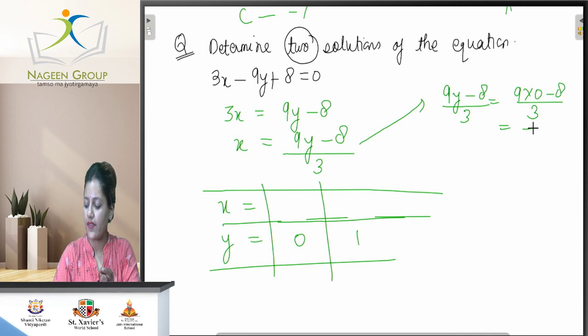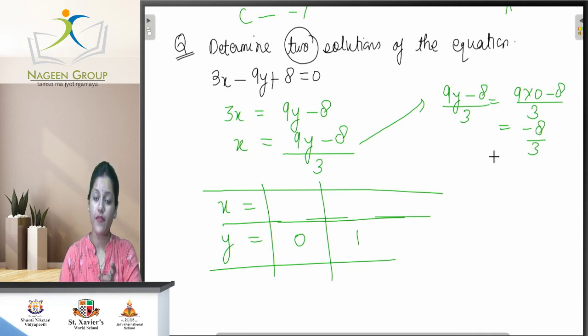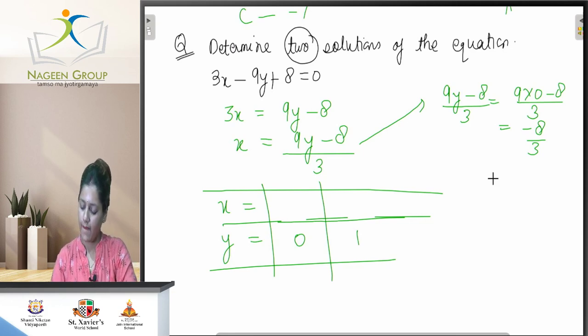So what have we got? We get -8/3. So our first solution is (-8/3, 0), because the ordinate value is 0.